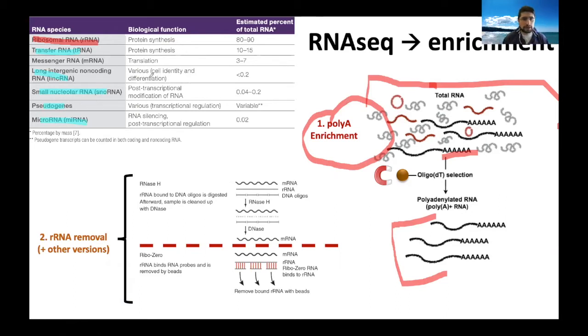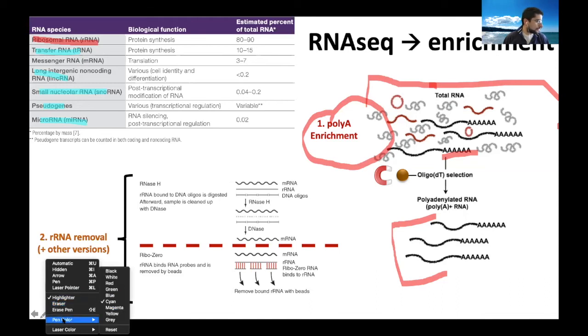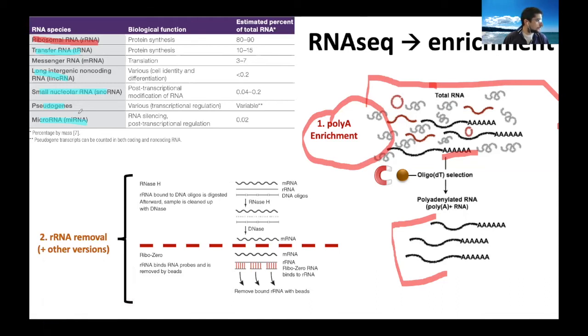However, for some applications, you're interested in both the messenger RNA and the long non-coding RNA, for example. So if you want to have the information from these two species of RNA, what do you do? Well, you perform something that we call ribosomal RNA removal. If poly-A enrichment is something where we are enriching our sample, the rRNA removal is more like a depletion type of approach.